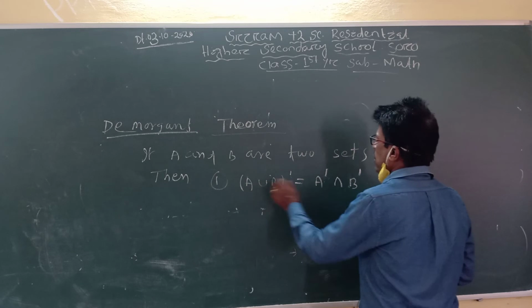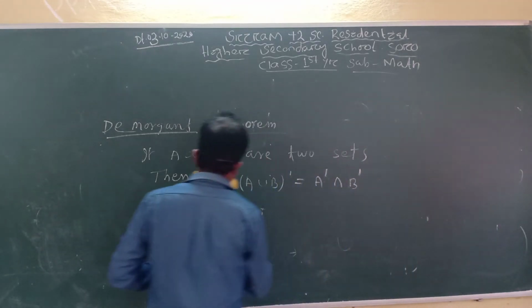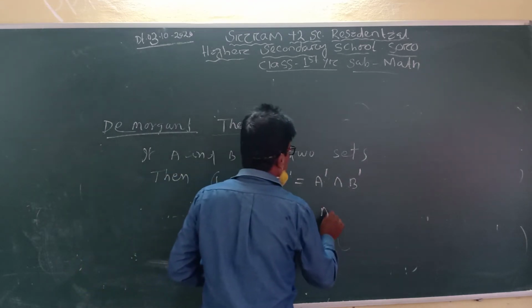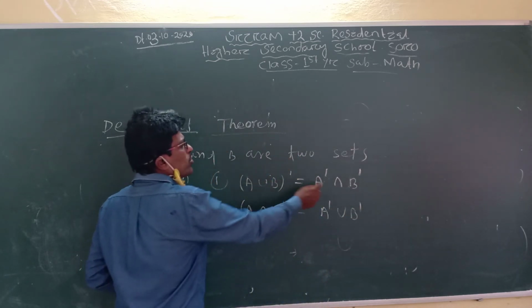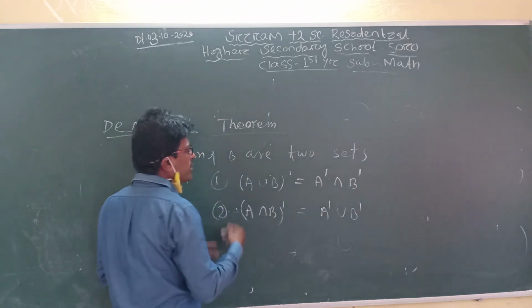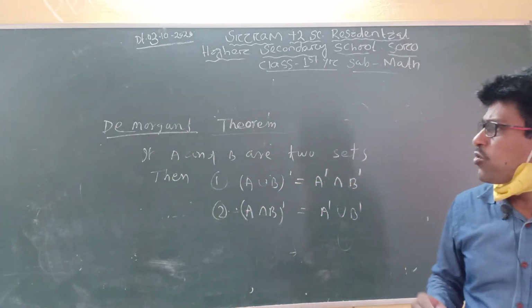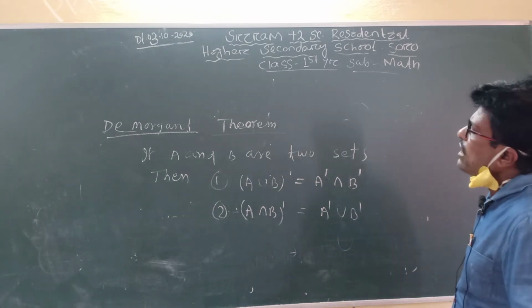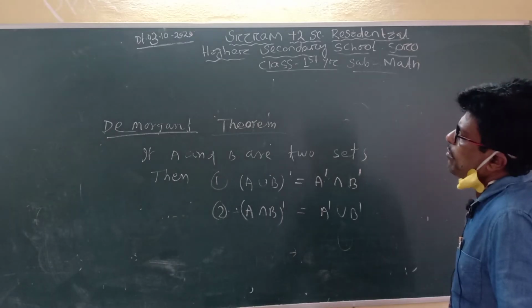Here the union changes to intersection. And the second case: (A intersection B) complement is equal to A complement union B complement. Here union changes to intersection and intersection changes to union, that is, the symbols change vice versa. So we have to prove this theorem, taking A and B as two sets.